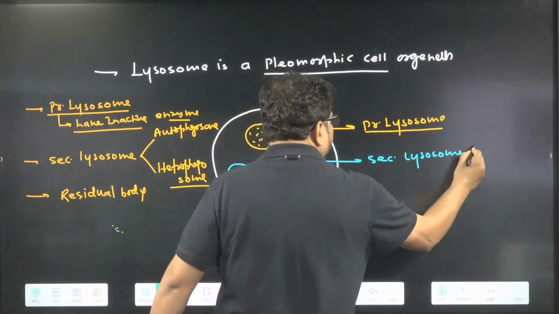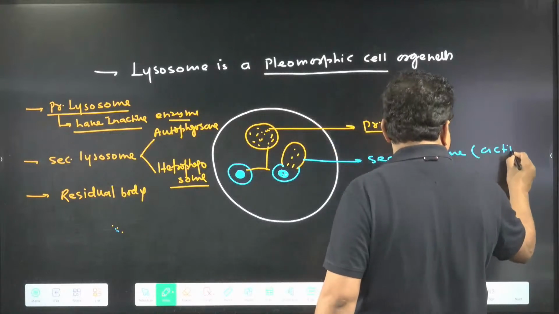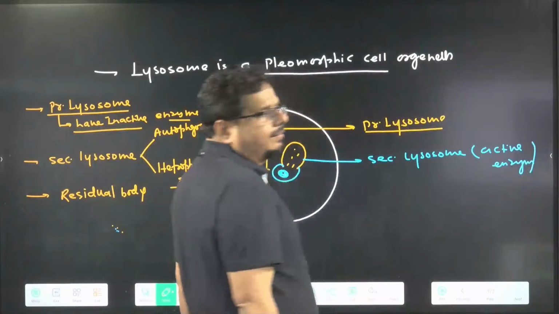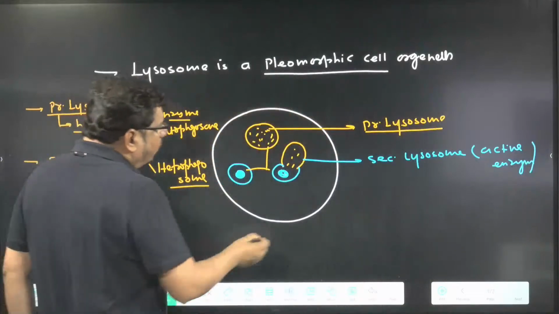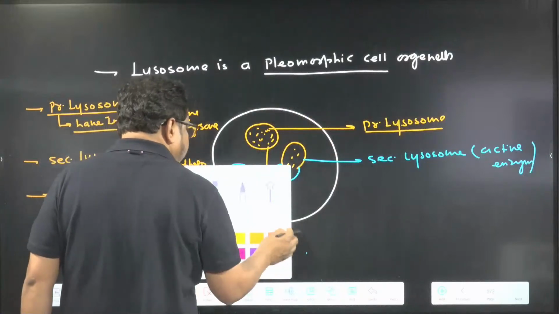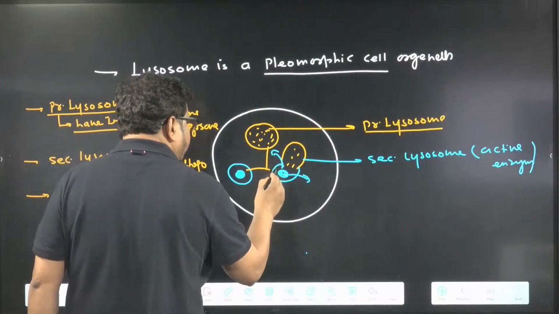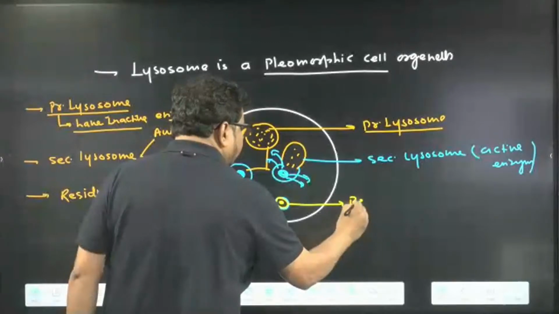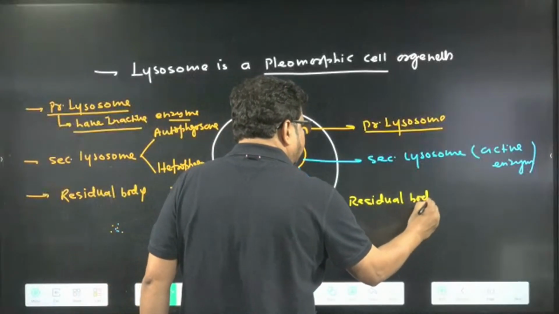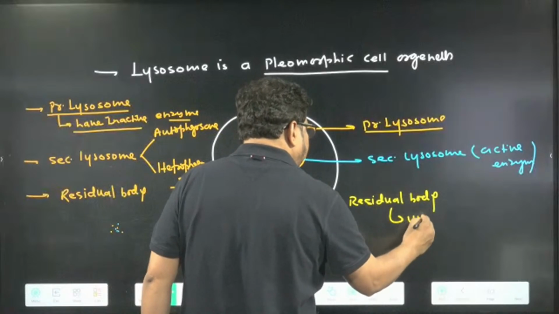And this secondary lysosome now has active enzymes. Got the idea? Now the food will digest, and after digestion, the digested food will be absorbed. The residual body has what?